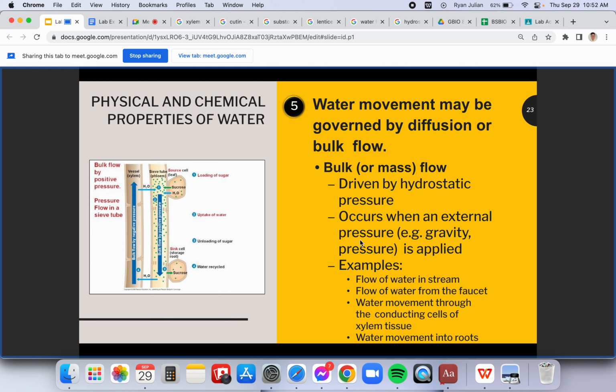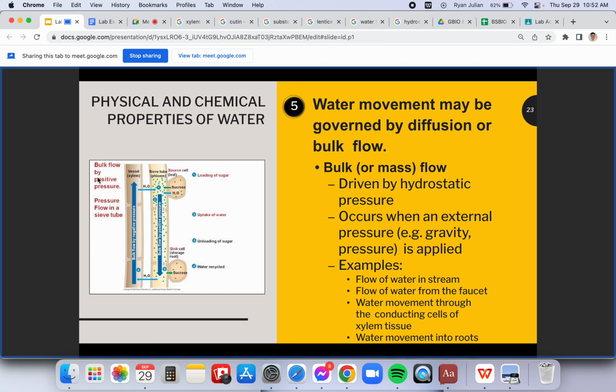It occurs when an external pressure, such as gravity, is applied. Examples are the flow of water in a stream from the faucet that we use in our comfort room or in the laboratory, the water movement through the conducting cells of xylem tissue, and the water movement into roots. In addition to that, water movement can be by positive or negative pressure.